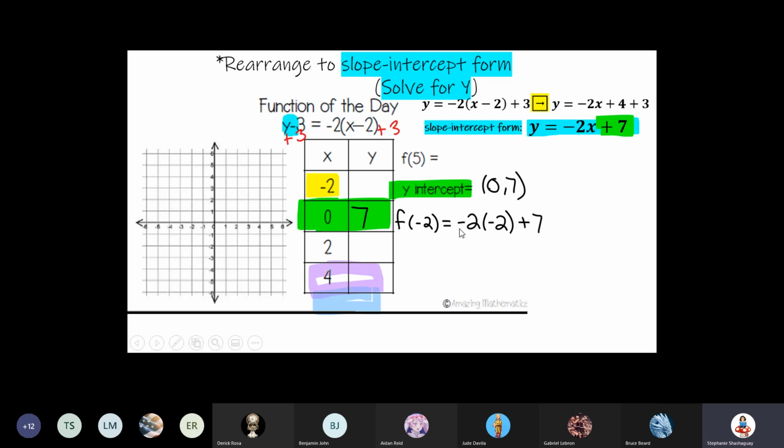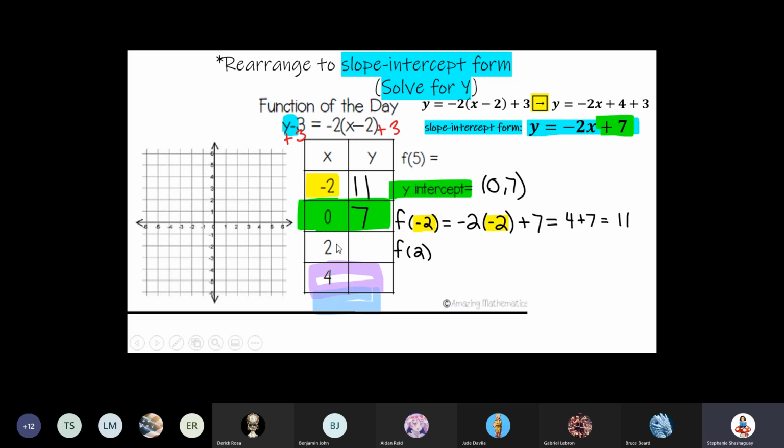So f of negative 2 is equal to negative 2 multiplied by negative 2 plus 7. All I did was plug in that negative 2 for my x. And when I solve that, I get 4 plus 7, and that's equal to 11. I cannot graph that point because it does not fit on my coordinate plane.